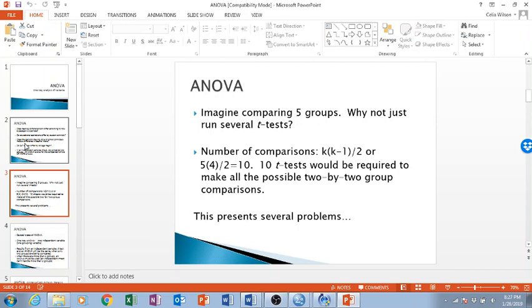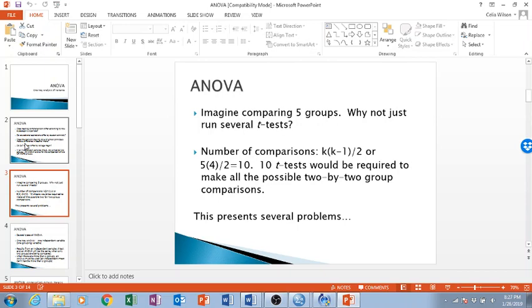In ANOVA, you have that risk one time. You run an ANOVA comparing your 5 groups one time, so your experiment-wise error stays at 0.05 because you're only running one analysis. But imagine if you were running 10 analyses. Every time you run an analysis, you're willing to be wrong 5% of the time, so that Type 1 error rate is set at 5% each and every time.